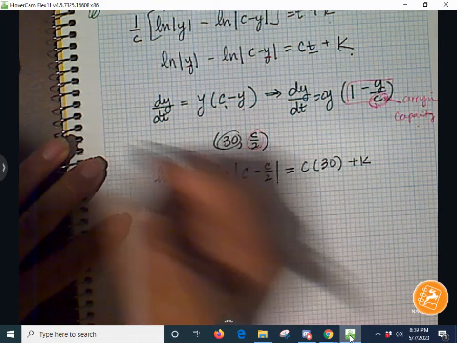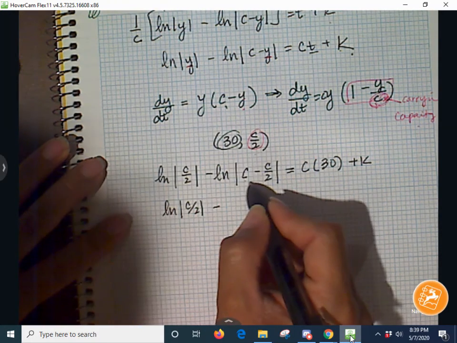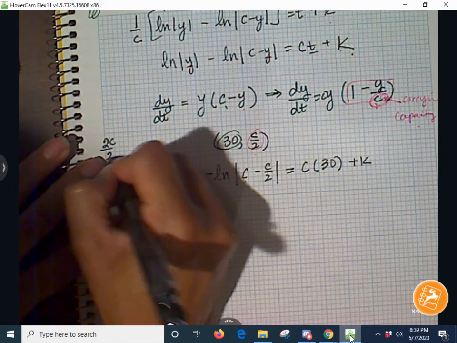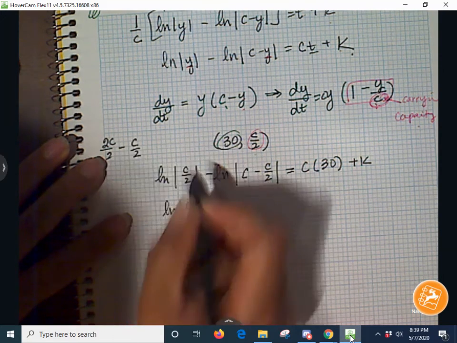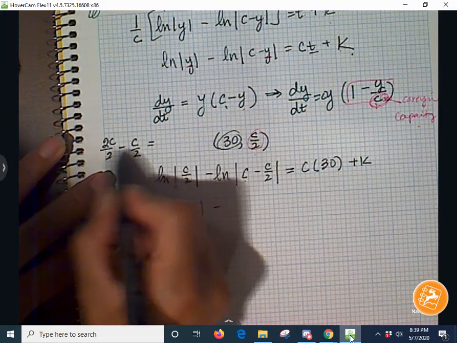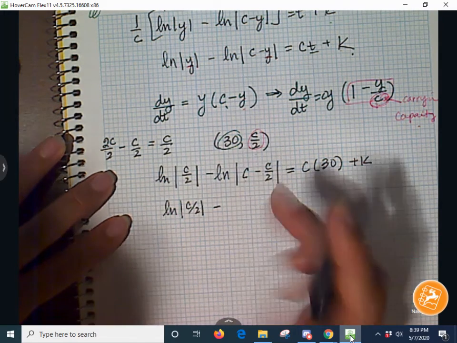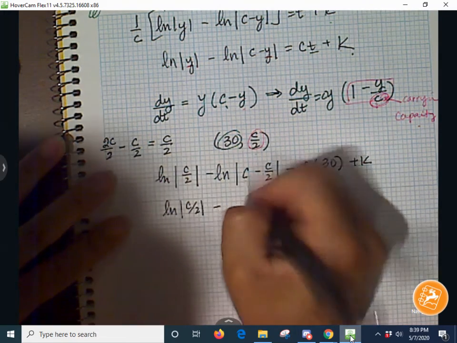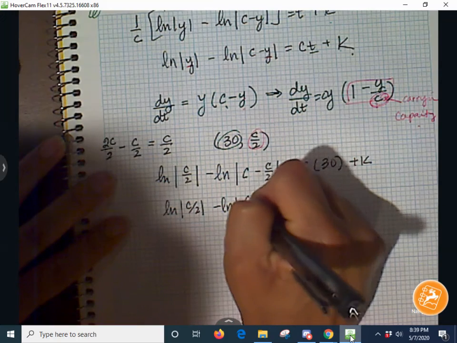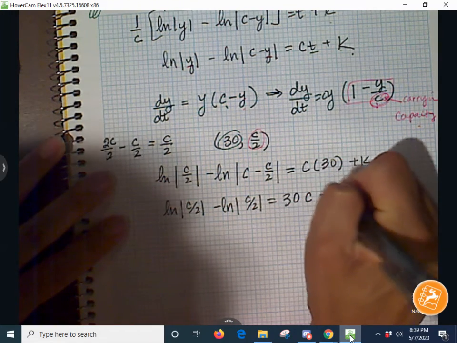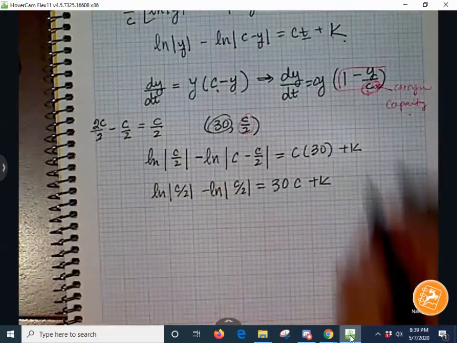If we get common denominators, then we have 2c over 2 minus c over 2, and so that leaves us with 1c over 2. We're just subtracting a half of it, so that's going to be natural log c over 2 is equal to 30c plus k.